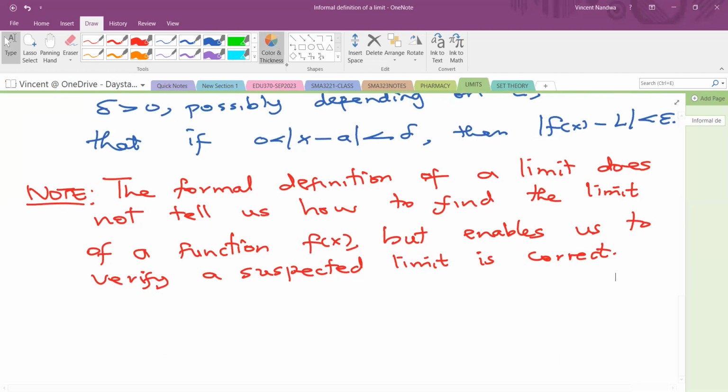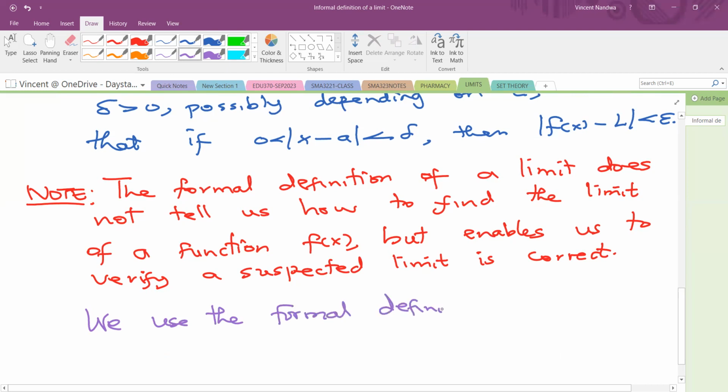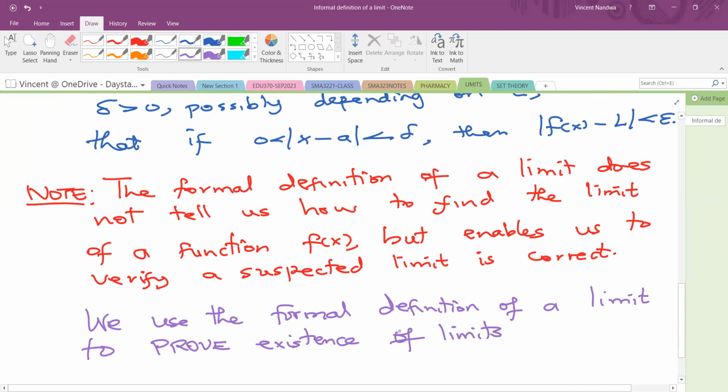So the key thing is that we use the formal definition of a limit to prove existence of limits, or simply to prove limits.